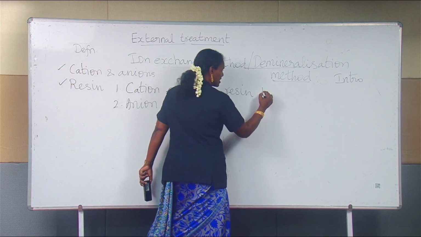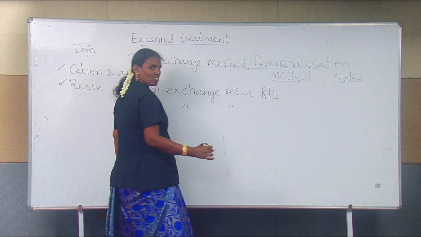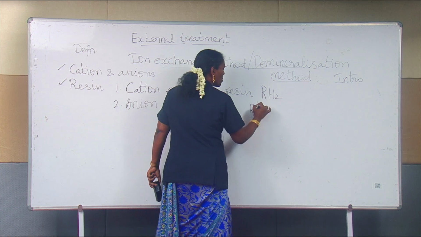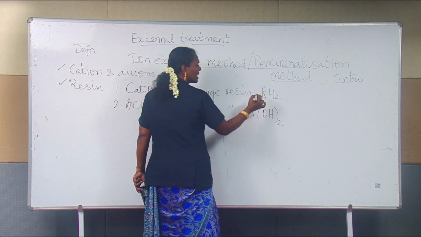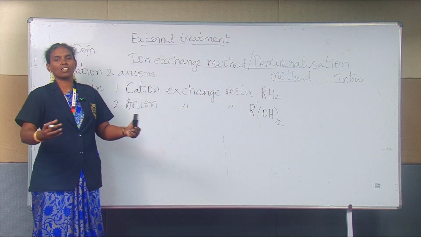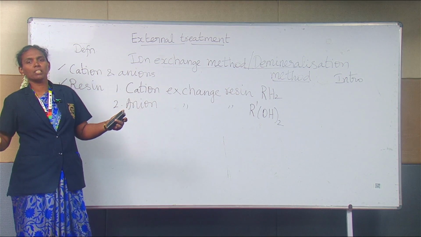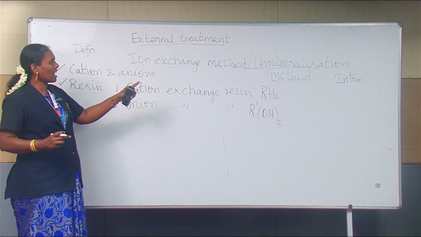Cation exchange resin is represented as RH2. Anion exchange resin is represented as R dash OH twice, because we have already used R. This R is a long chain polymer. It is a cross-linked organic polymer, and moreover a long chain polymer. Instead of writing the full alkyl group, we write R alone.